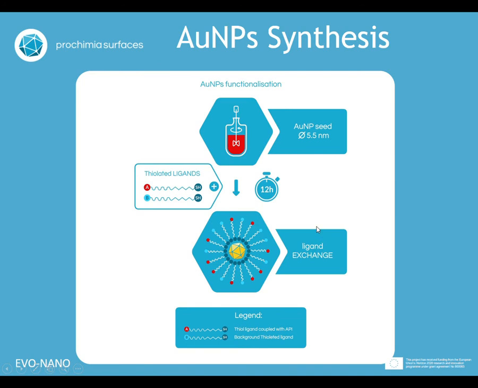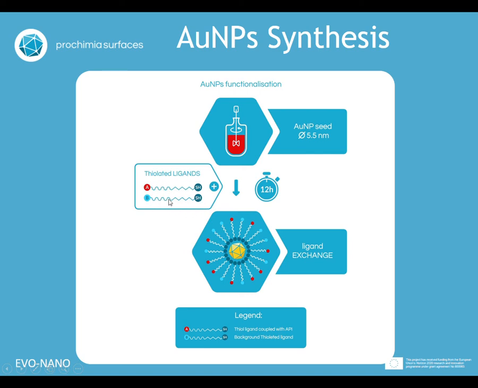The preparation of the functionalized gold nanoparticles is quite convenient and straightforward. What you can see, the stabilized gold nanoparticles of appropriate size. In our case, we have used 5.5 nanometer gold nanoparticles and a mixture of thiols.